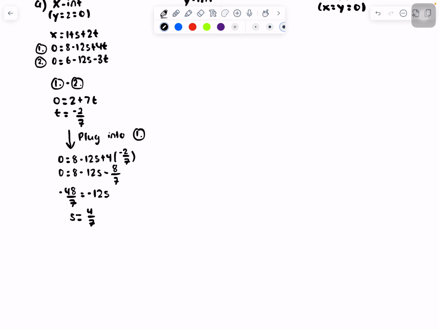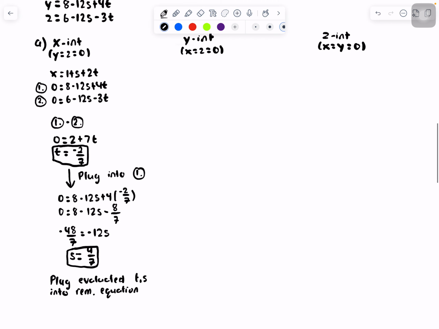Now, I'm going to plug both evaluated t and s into the remaining equation, which is the x equation.